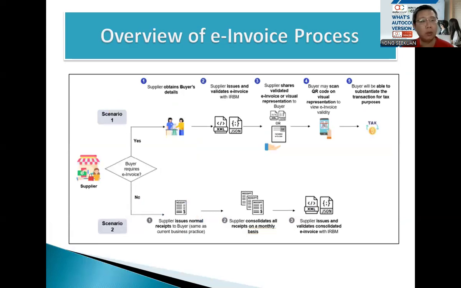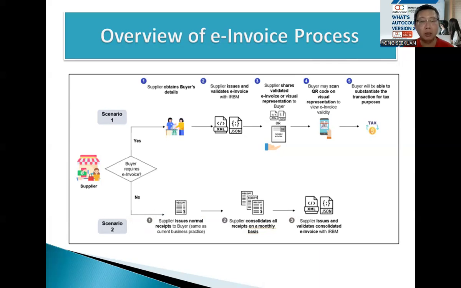So e-invoice has two scenarios. The first scenario is the customer requires the e-invoice. The second is the customer does not require the invoice. So we look at scenario one.